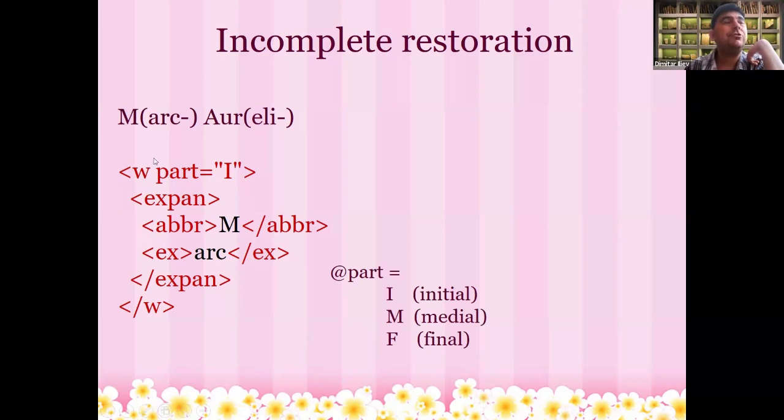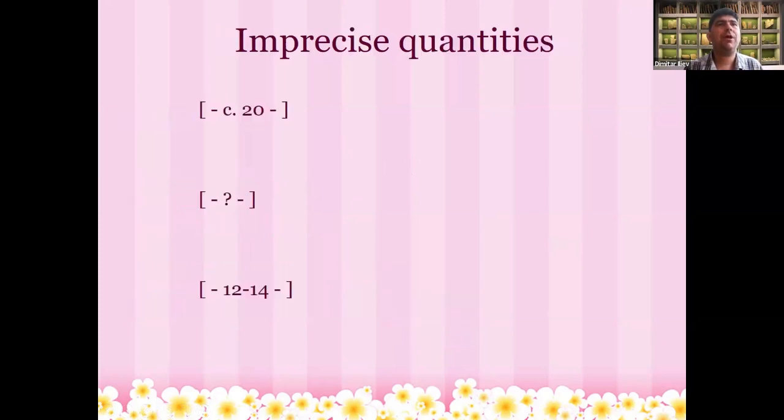And if you encode all this as a word which you want to be tokenized, you can indicate that this is only a part of the word, and you cannot restore the whole word with certainty together with its ending, because the context of the inscription does not allow this, or you cannot expand the abbreviation, and as in this case, so that you can give the abbreviated part a proper ending.